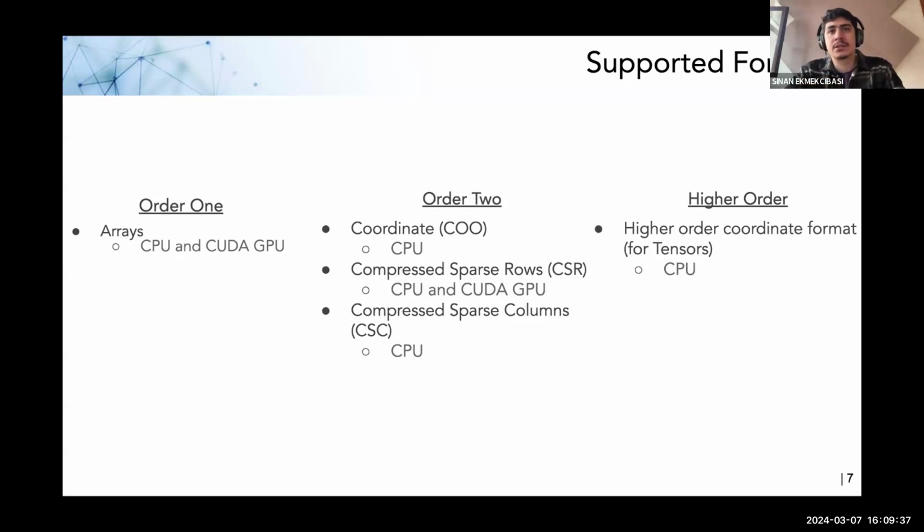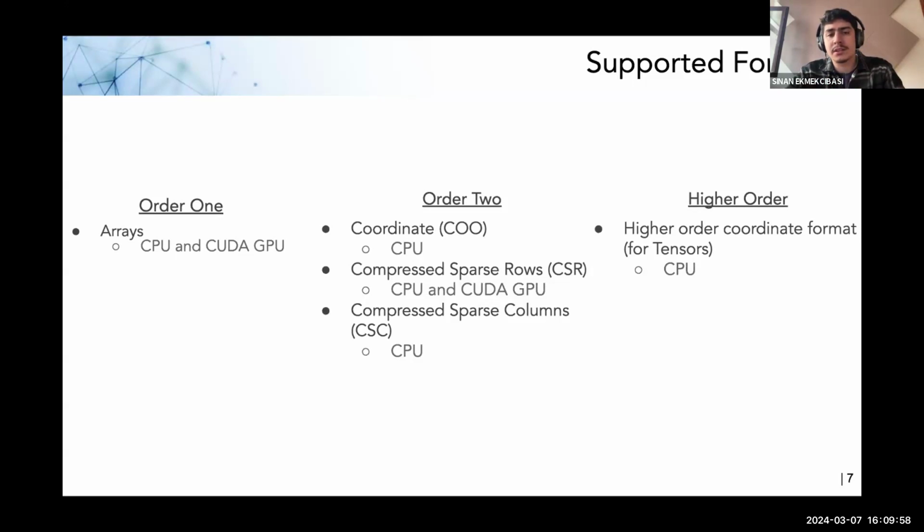In order one formats, we have arrays, supported by both CPU and CUDA GPU contexts. In order two formats, we have COO, CSR, and CSC formats.